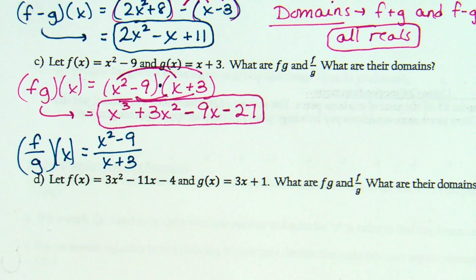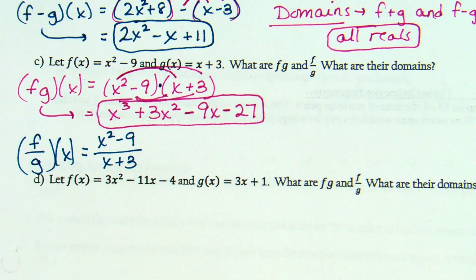Sometimes we'll talk about when things are added and subtracted, they're married, and you can't break them apart. And that's the idea there, is that you can't take x squared and x and separate them from their other parts, their 9 and 3. So they have to be factors to be able to cancel. Okay? So, get that out of the way.